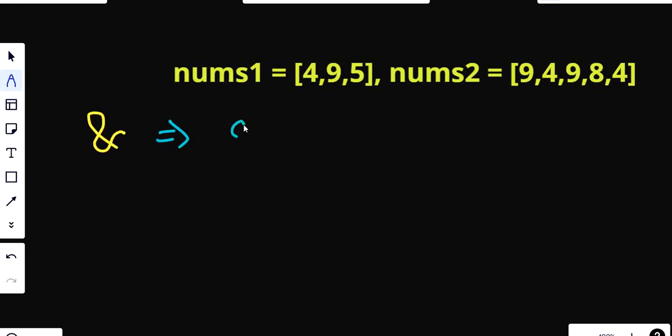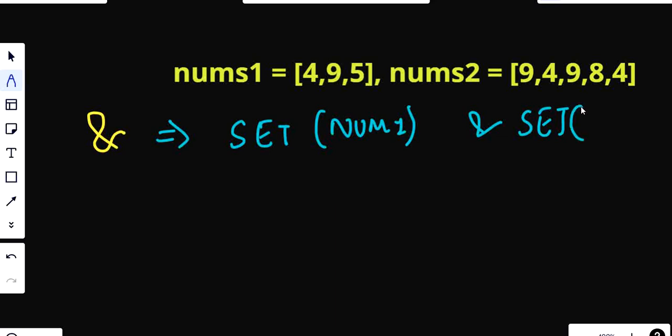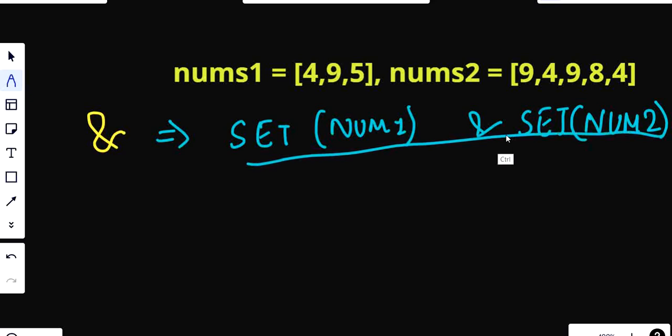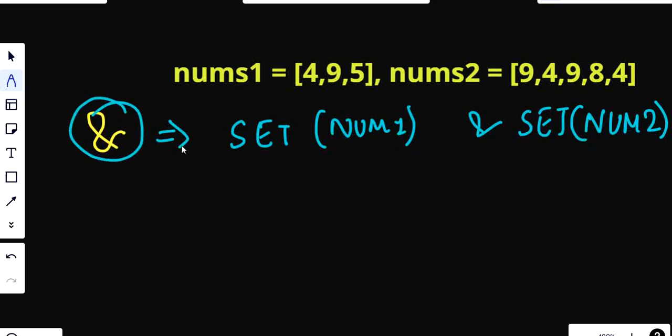So rather than doing that, we have created a set of nums1 and a set of nums2, and by mistake I have written the exact solution, and this is the solution. This is the only thing we would have done if we were solving this question using this operator. Firstly we create a set of both the arrays.